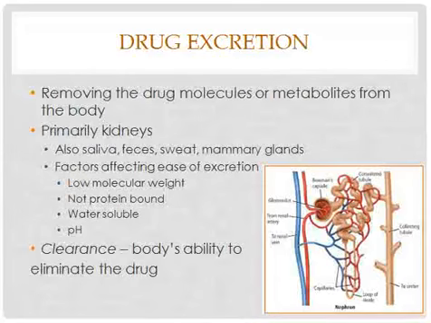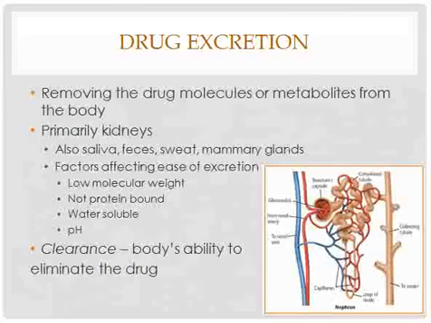Okay. So drug excretion. So this is all about taking those drug molecules and drug metabolites and removing them from the body. So primarily the kidneys, but it can also be removed in saliva, feces, sweat, mammary glands. So factors that affect the ease of excretion would be if they're low molecular weight, they're not protein bound, they're water soluble, and then their pH can also have an effect.